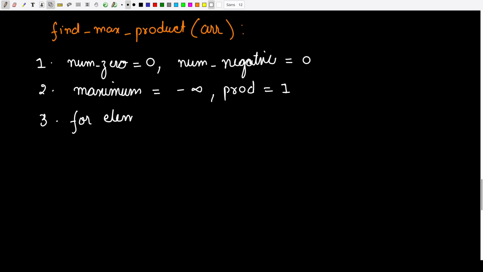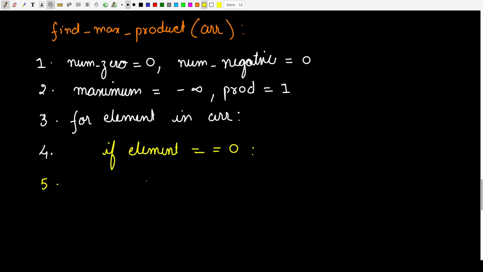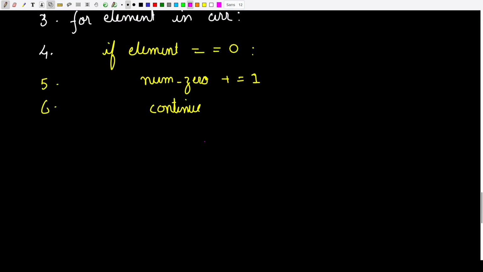So for element in array, we are going to check, so this is our case 1, if element equals to 0. In such a case, all we have to do is increase our num0 counter by 1, and then move to the next element, so continue. Otherwise, if this is not the case, then we'll check for our second case, which is the negative case.